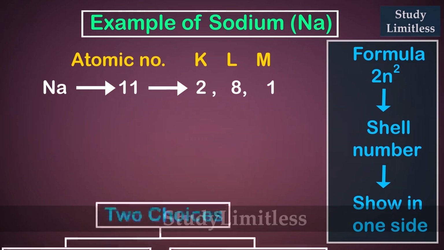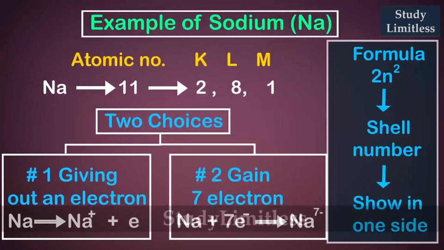So we have 2 choices. Either sodium flicks off this electron, or it gains more electrons, which is 7 in number, and makes itself negative. Now the simplest way out here is losing an electron, as we have already said.